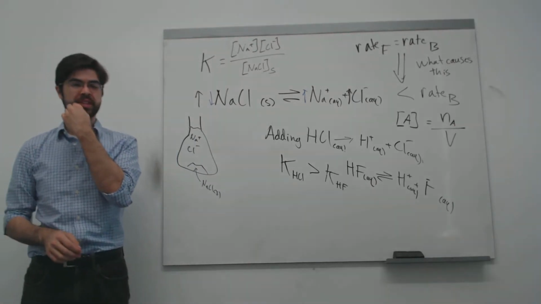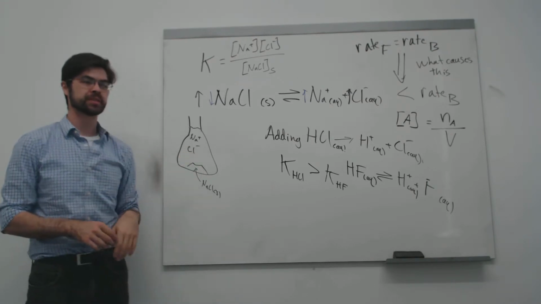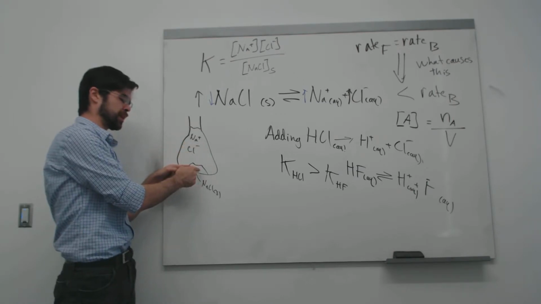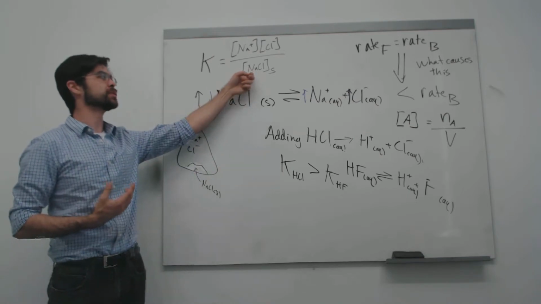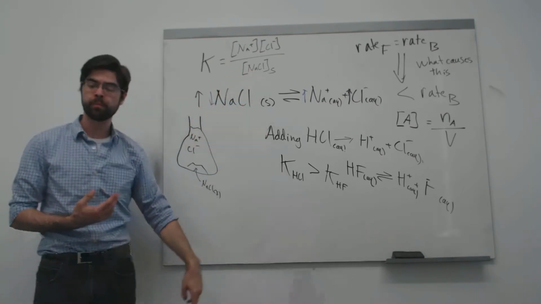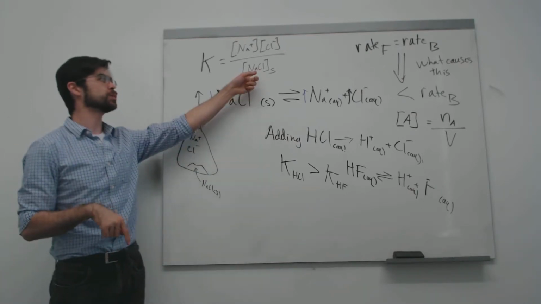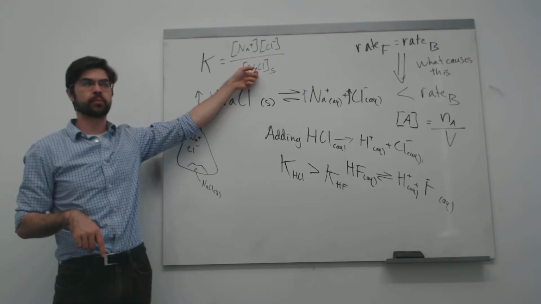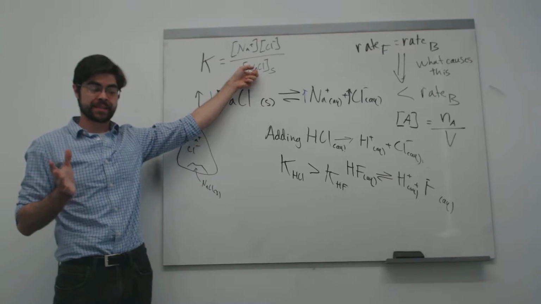One way to think about this is that this is a heterogeneous equilibrium. It's actually not a single system, but an aqueous system in equilibrium with a solid system. The short answer I'm going to get to is that even if you add more sodium chloride, more solid, you don't change the concentration of solid sodium chloride. Solid sodium chloride is solid.